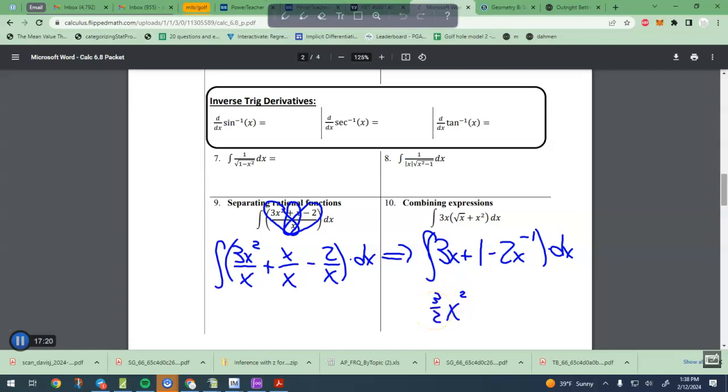What's the integral of 1? X. What's the integral of x to the negative 1? Well, I'm going to add 1 to the power, that's 0, divide by the new power. Oh wait, I can't divide by zero. That's right, that's not the power rule, that is ln. So the minus 2 is still there, ln of absolute value of x, plus c.